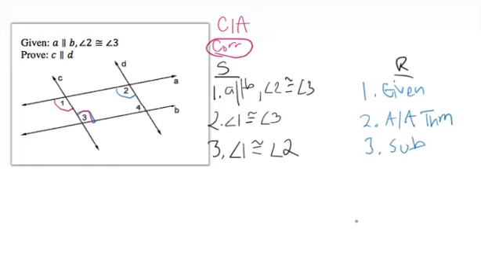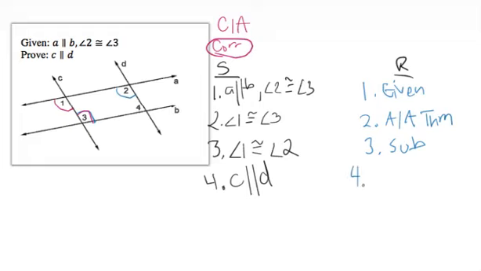This is a great proof. Next, I'm going straight for the gut. Here we go. Next, I'm going to give you my proof: C is parallel to D. Why do I know that? Well, 1 and 2 are corresponding angles, and if corresponding angles are congruent, then we have parallel lines.